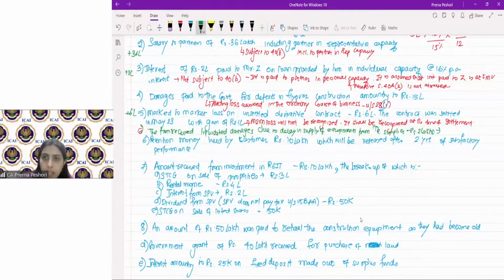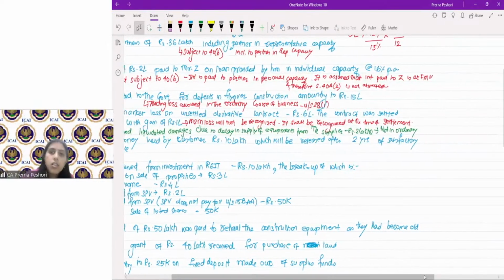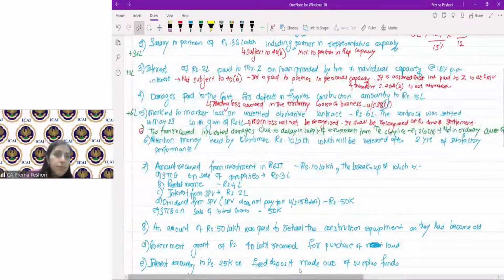So we will reduce this amount. Fine. So less 2 lakh.